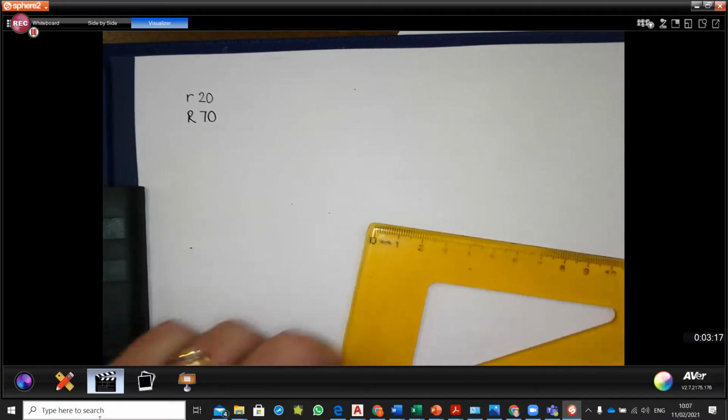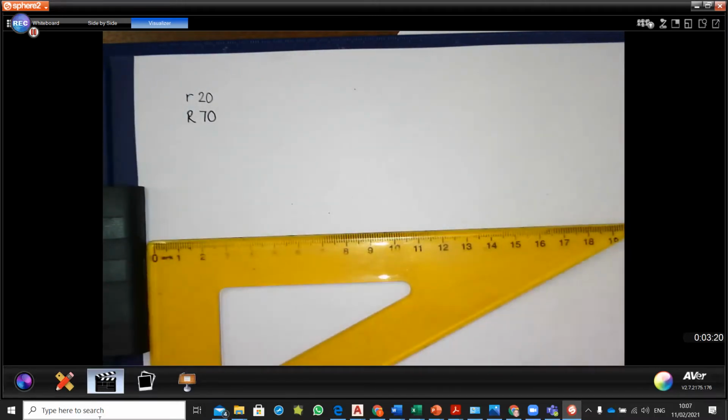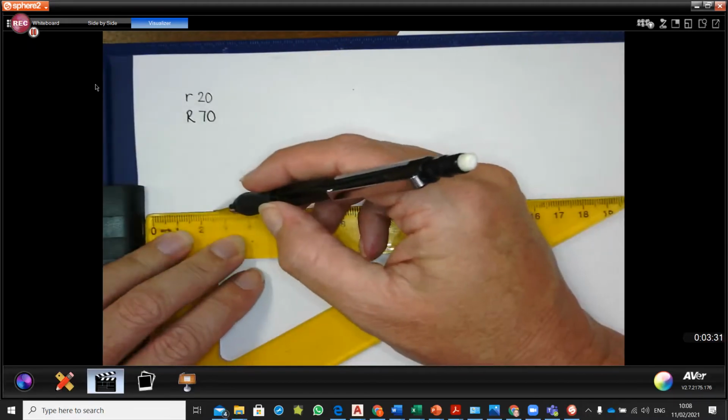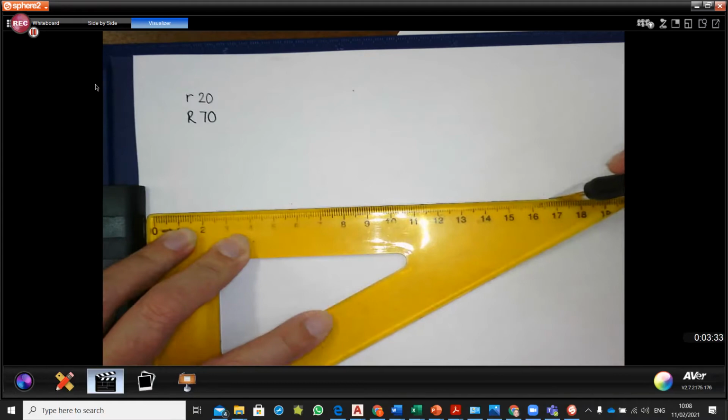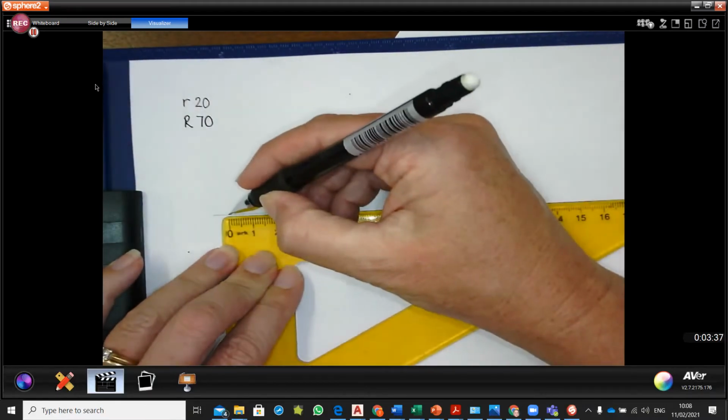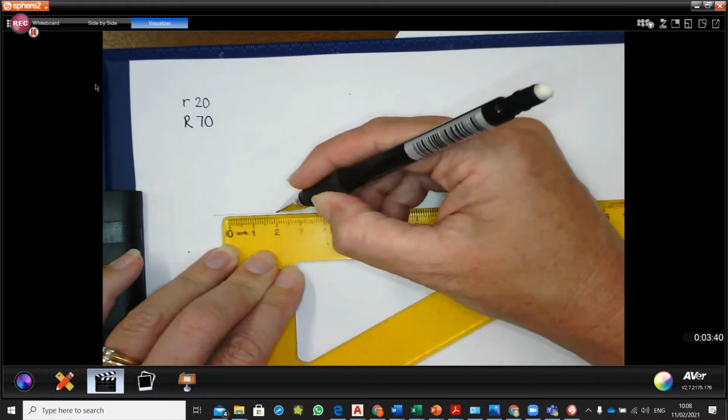The first thing I'm going to do is find the center points for my two circles. So I start off with a construction line. I measure my radius of 20.